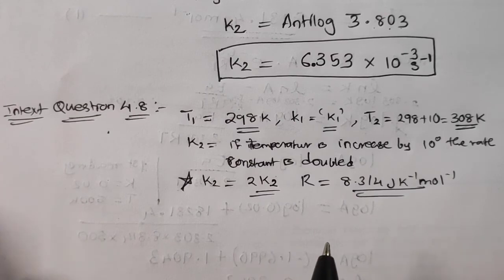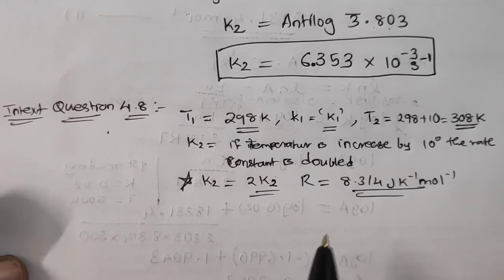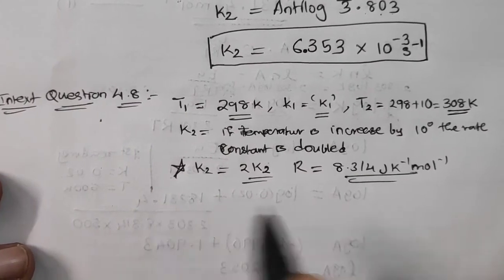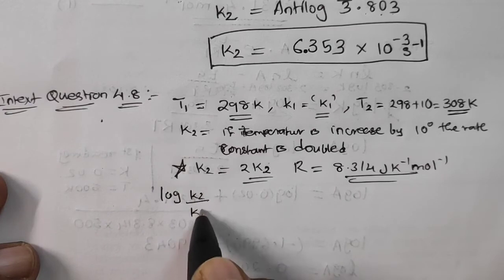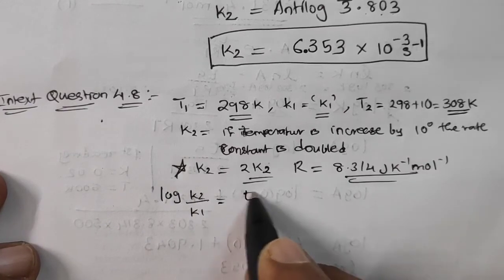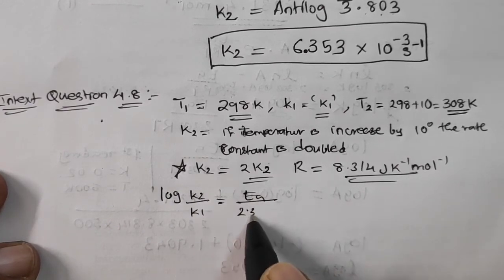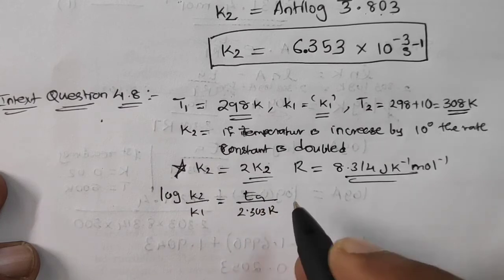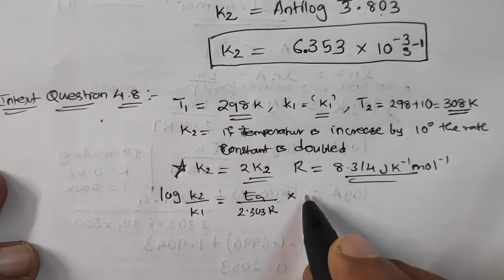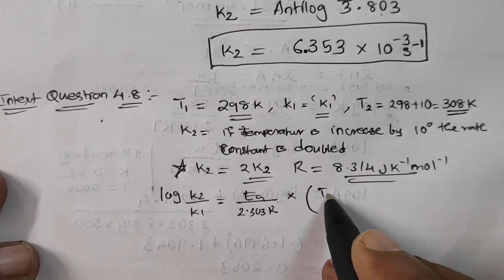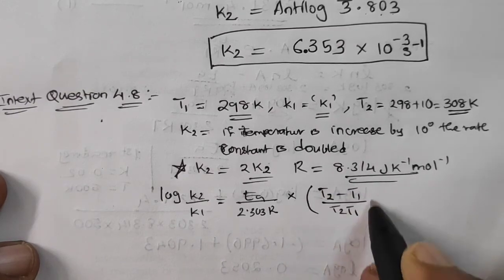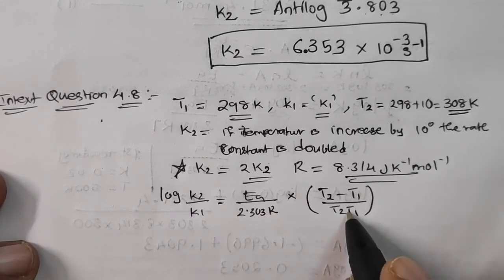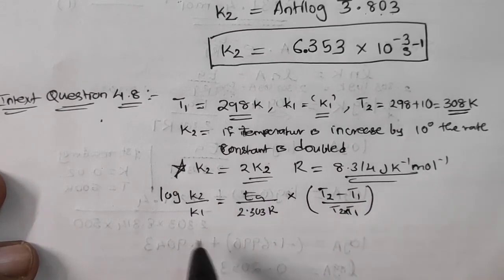Now the next part. The formula we know, if you remember: log K2 upon K1 is equal to EA upon 2.303 R into T2 minus T1 upon T1 T2, where the denominator is a multiplication and the numerator is a subtraction.